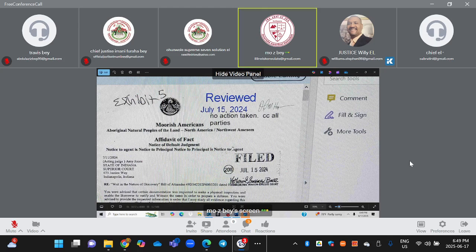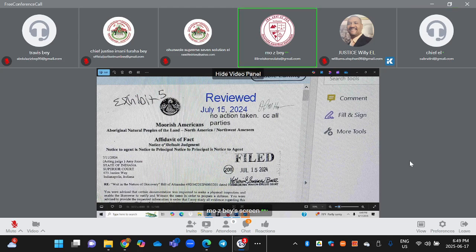Because this is evidence. When the clerk was notified of this document and he filed it into their corporation, it was a record, a court record from our courts and then from their courts.